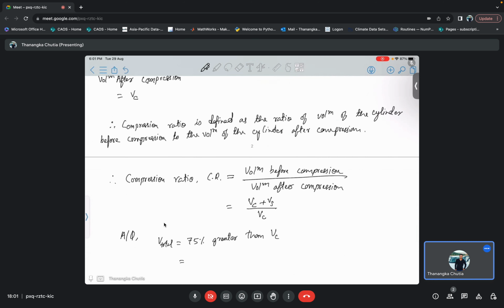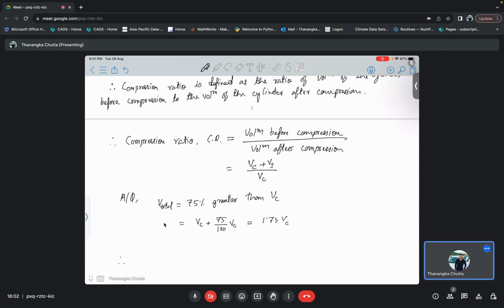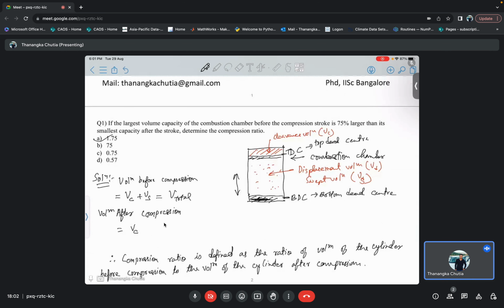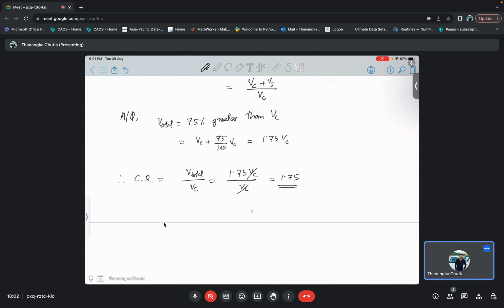This means V total is nothing but VC plus 75 by 100 into VC, which is 1.75 times VC. So the compression ratio CR is V total divided by VC, which is 1.75 VC divided by VC, giving a compression ratio of 1.75. So option A is the correct answer.